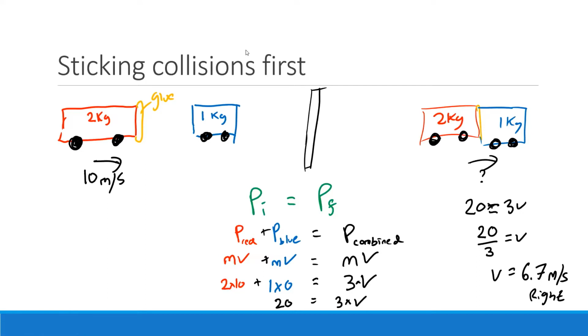Is that final speed of 6.7 meters per second slower or faster than the initial speed of the red car? It's slower. Exactly, Kelvin, it's slower. And that's because that final object has a larger mass.